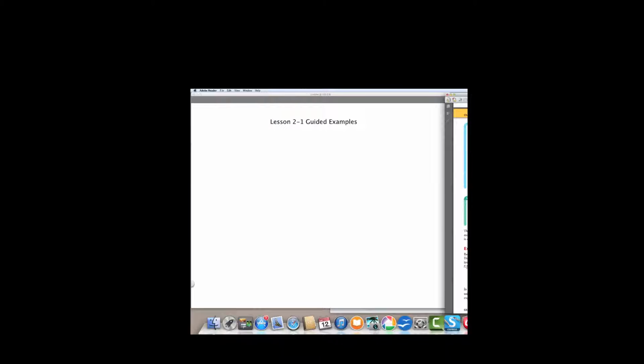So your guided example, this is on page 68, example 3. This asks you to expand 2x times, in parentheses, 5x minus 3. We want to use the distributive property for this. This is important algebraically because we can't add 5x and minus 3, because 5x's minus 3 units doesn't make any sense.